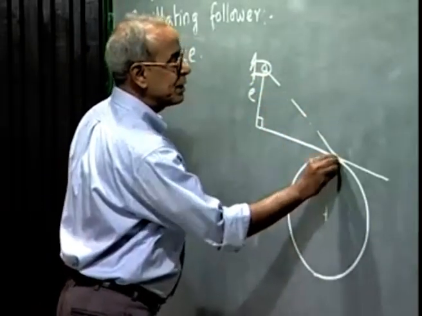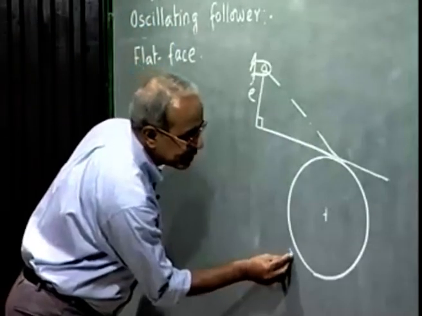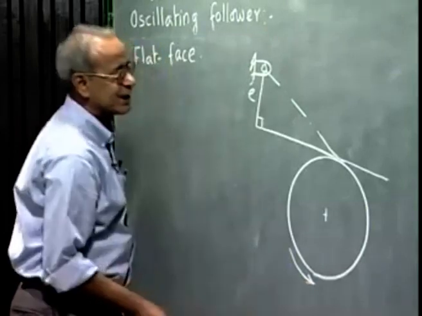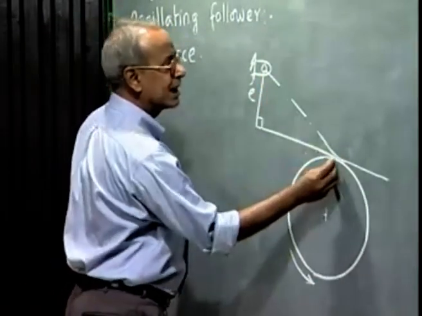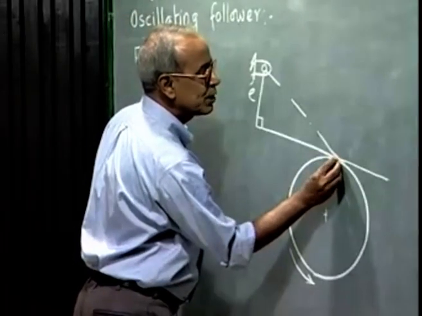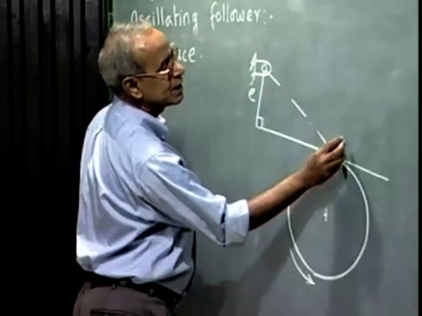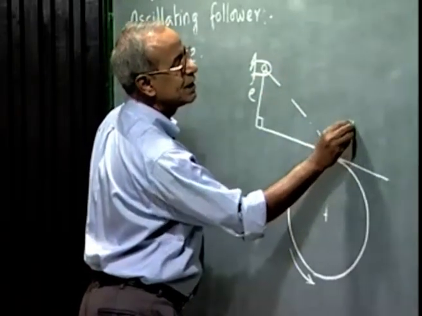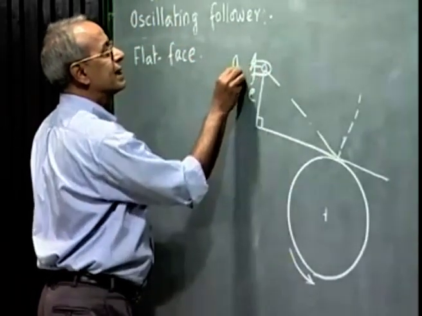Let me use this particular contact point as the trace point, and as the cam rotates in the counterclockwise direction, as the follower oscillates in the counterclockwise direction, this particular trace point of the follower moves on a circle with O3 as center.